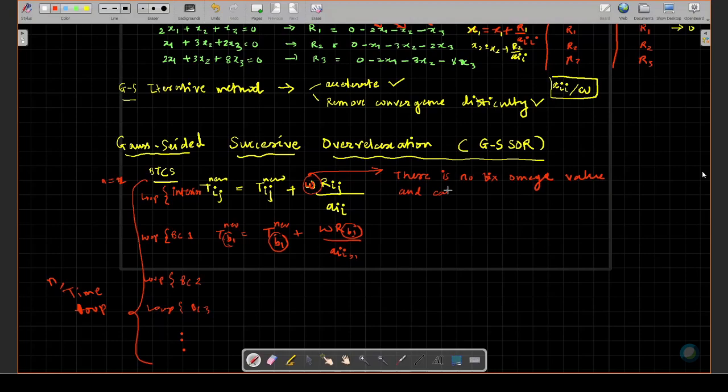Calculation or knowledge of this omega value is very difficult before you solve. It is a posteriori only, not a priori. Its value is not known a priori. So we do not know this value before we solve.